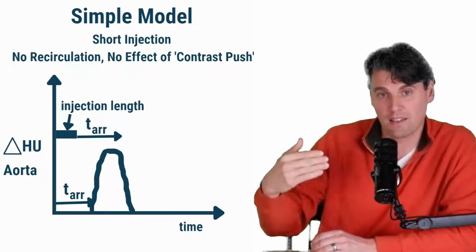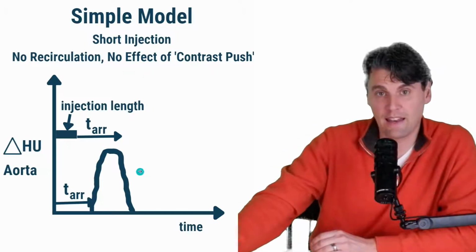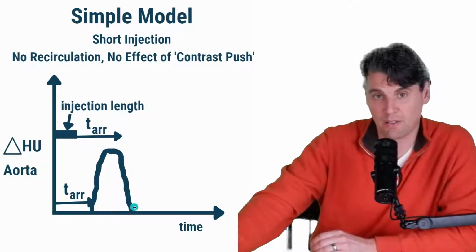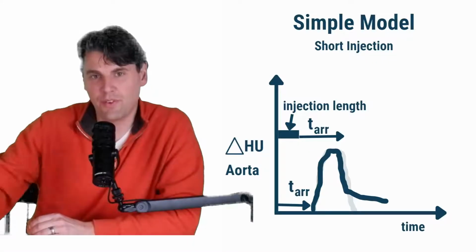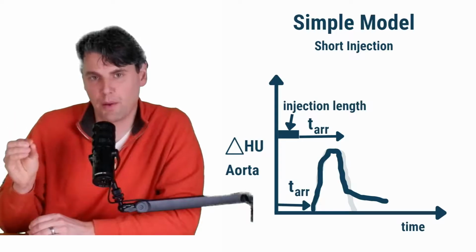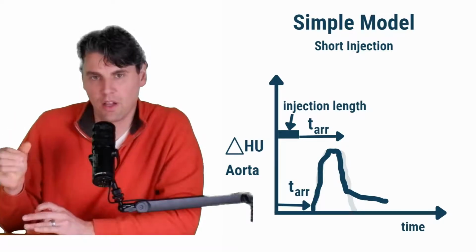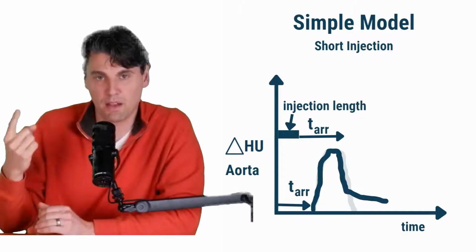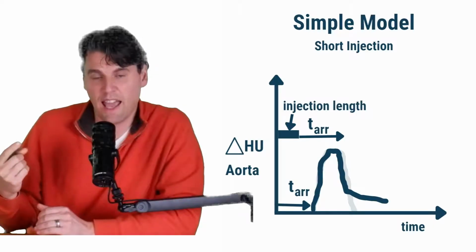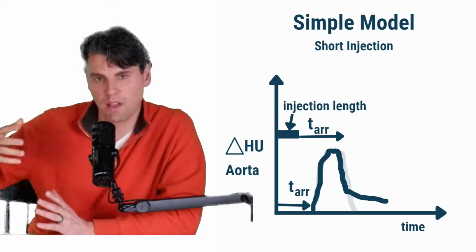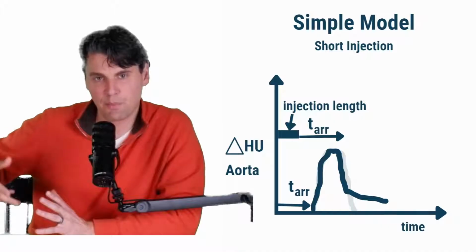So how long does it take to pass through? That is roughly the time at which the contrast is going to start going down. If you think about removing a couple of the simplifications from that model, that's the simplest model, where we're talking about a very short injection and also an injection that assumed basically steady state parameters.